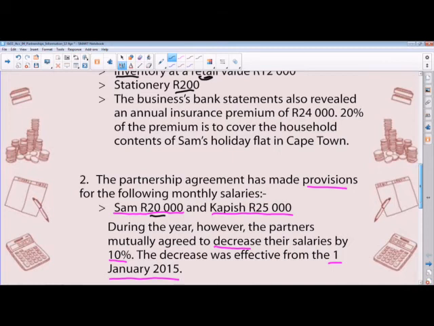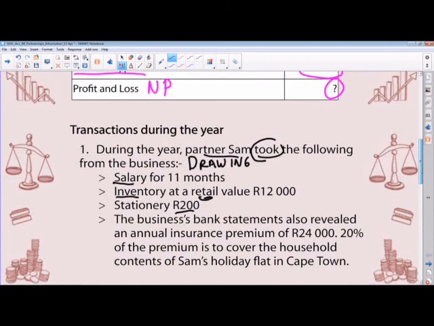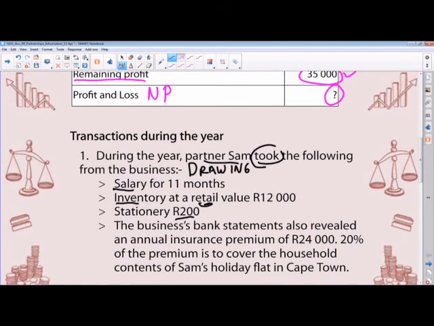So in terms of this calculation, your salary for 11 months, what he physically took out of the business, we're going to take 20,000 times 10, plus when he decreased his salary, obviously it was 18,000. Remember, he decreased it by 10%.